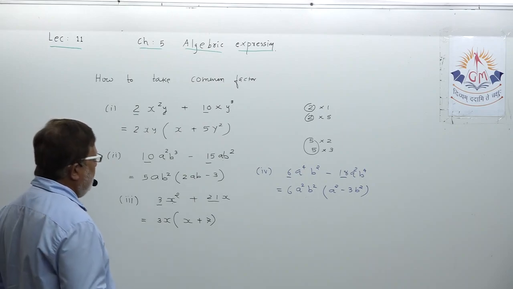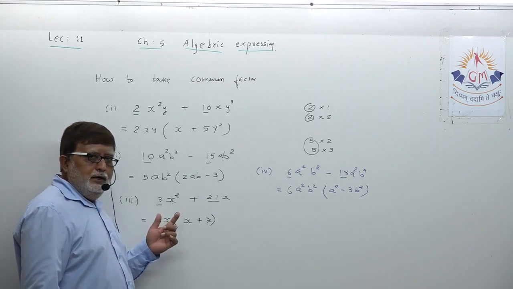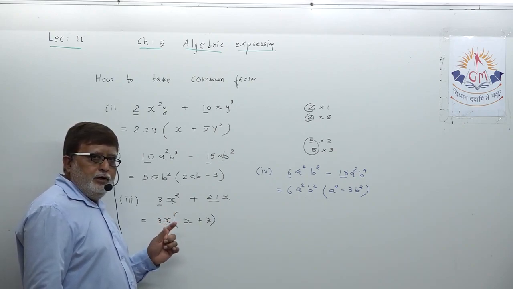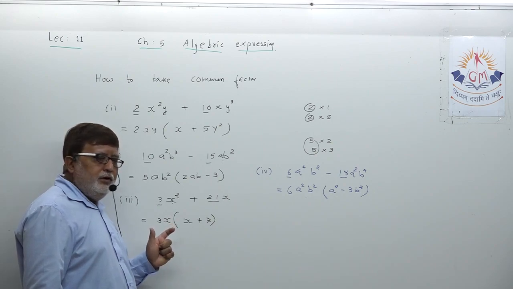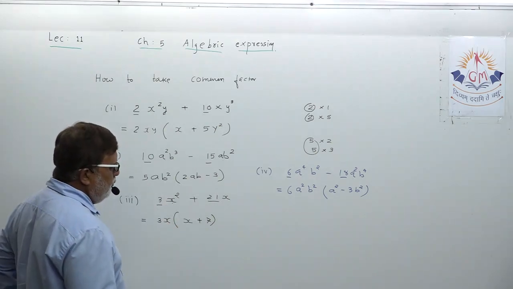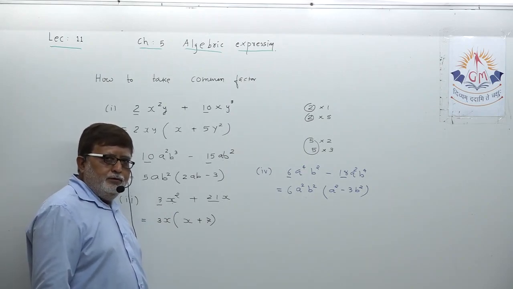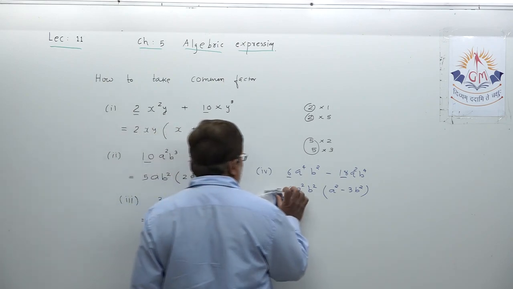So just now I have explained how to take out common from two terms each. After we understood how to take out common, let us understand compound factorization.